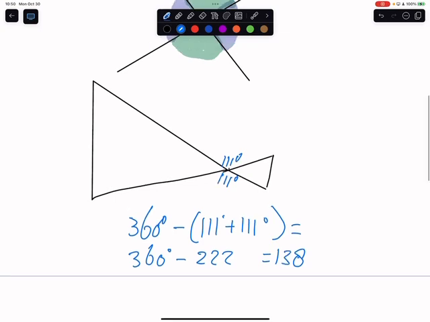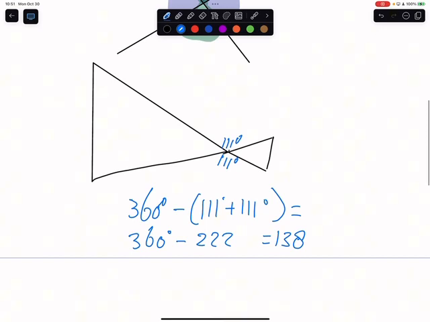And that means 138 left for here and there. So you divide that as well by 2. So then you get 138 divided by 2. That makes 69. That is opposite angles.